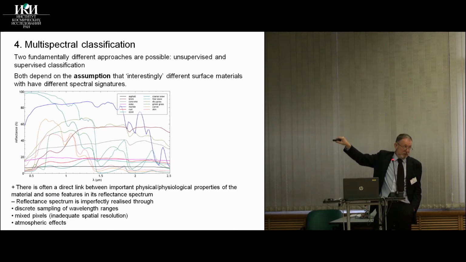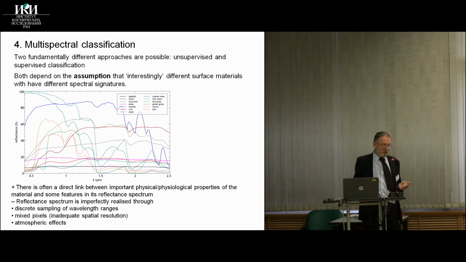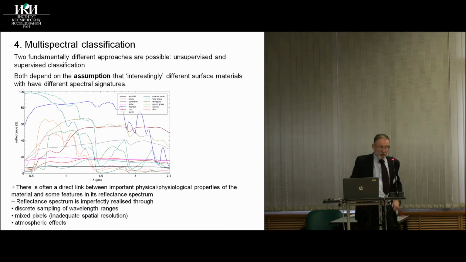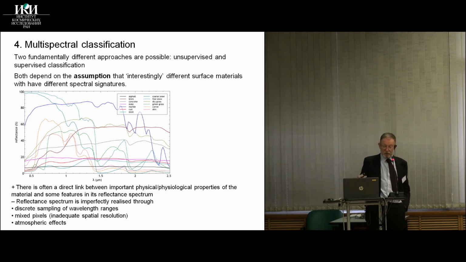We've got amount of reflection going on here, and here a very busy slide, all sorts of different surface materials. And the point is that things that are physically different, in this slide anyway, have different curves. So if we can recognize these differences in sufficiently detailed satellite imagery, we can recognize the difference between materials. This is the fundamental idea of multispectral classification.